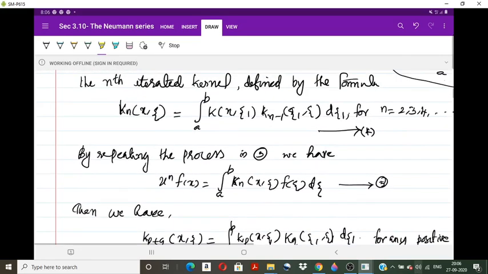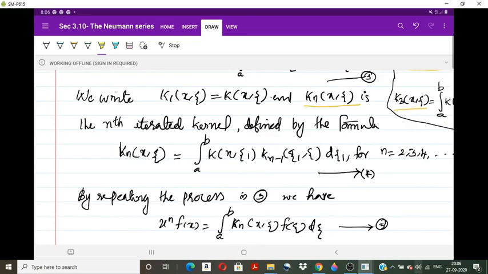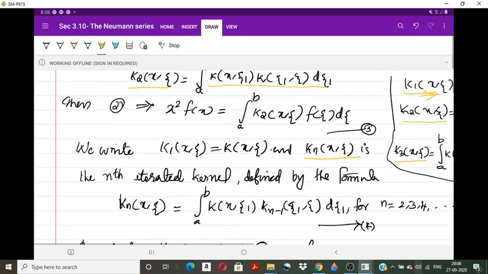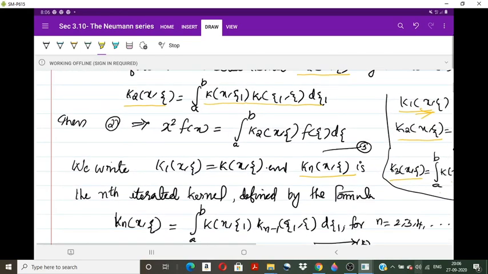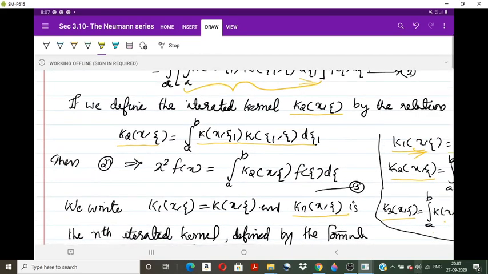In the iterated kernel itself, we have formulated the integral operator to make the calculations simple. And in terms of the integral operator kappa, we have formulated a solution for the integral equation.